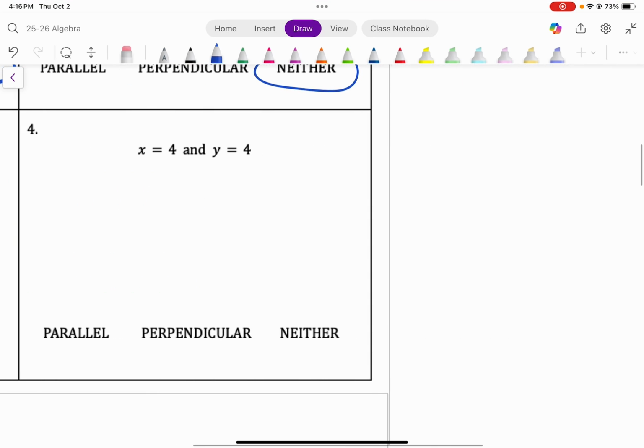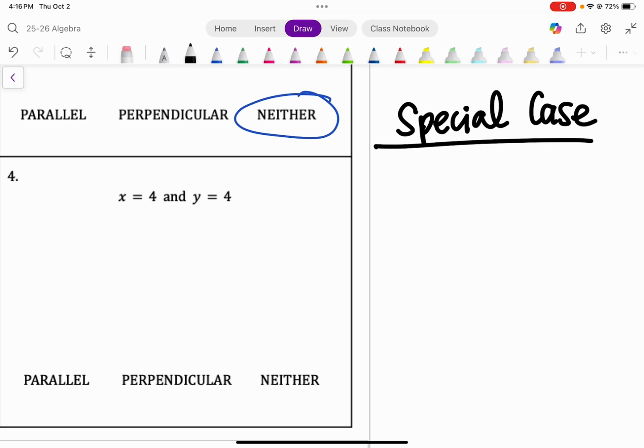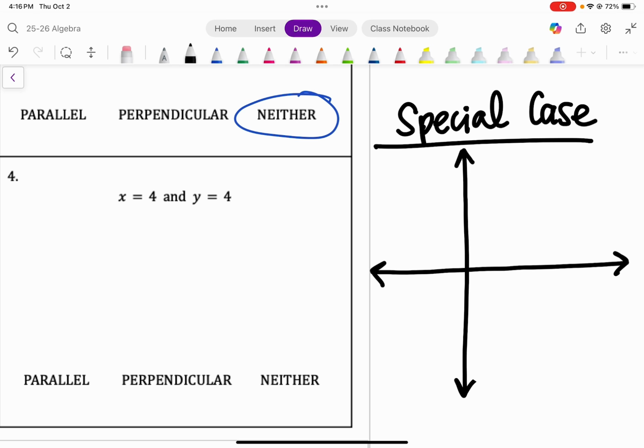Now, this is the one special case, and it's only one. It's when you're given two equations of lines, and one line has an equation of x equals 4.